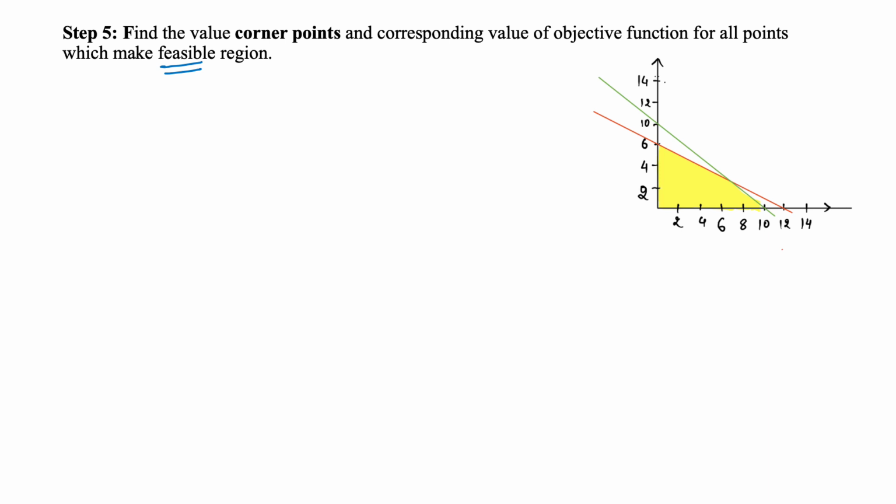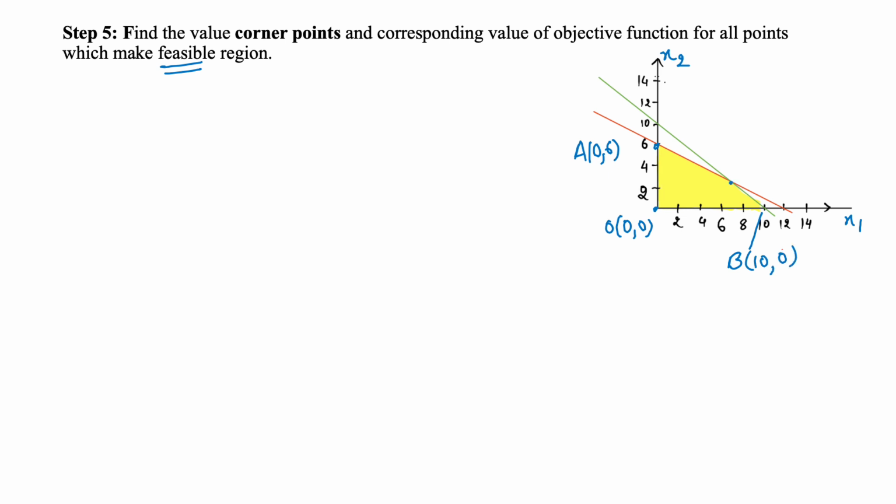First, this point I am well aware is the origin. The second point is 0, 6, where x1 is 0 and x2 is 6. The third corner point I am considering as B and its value is 10 and 0.